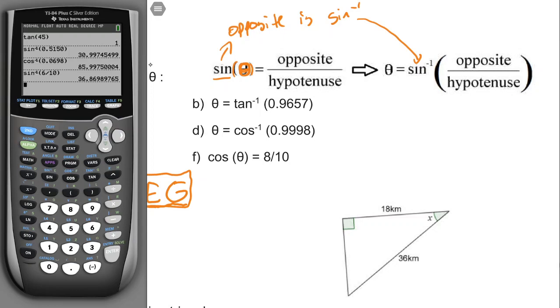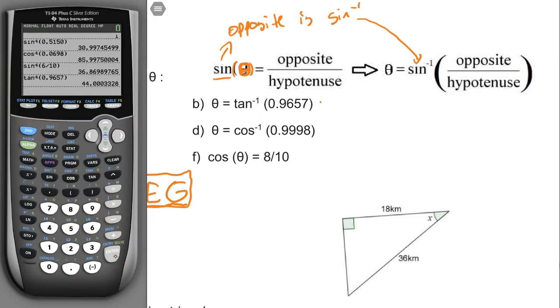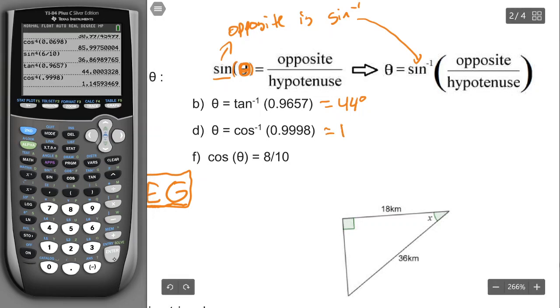Okay, answer time. Second tangent of 0.9657 is 44 degrees if you round to the nearest degree. Second cos of 0.9998 should be 1 degree, because that's almost flat.